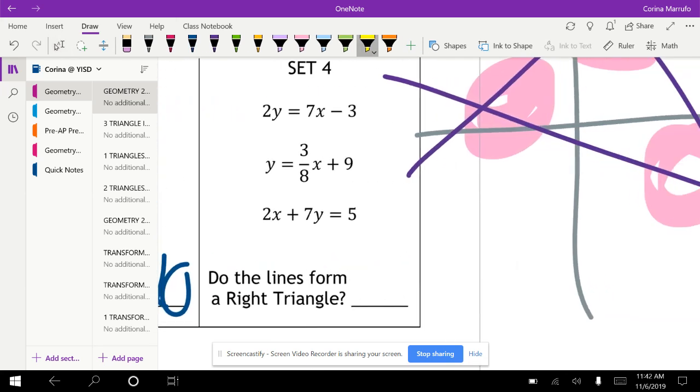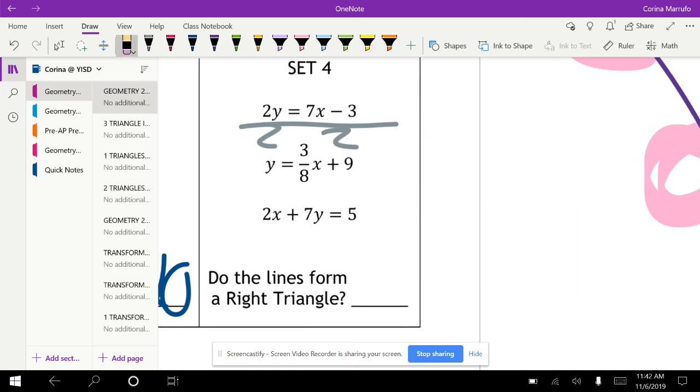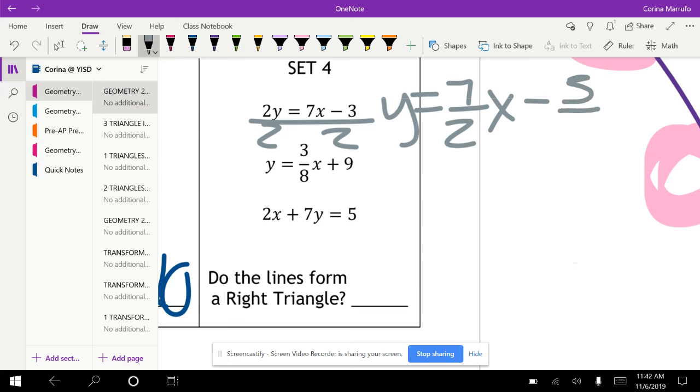And the last one. So here we have 2y. So we need to get rid of that 2 with the y real quick, and we're going to divide both sides by 2. And so this gives us, let me erase all this. This gives us y equals 7 over 2 x minus 3 over 2. You have to distribute that 2 to each one.